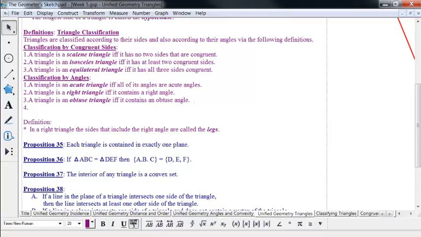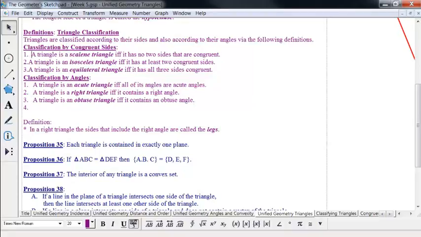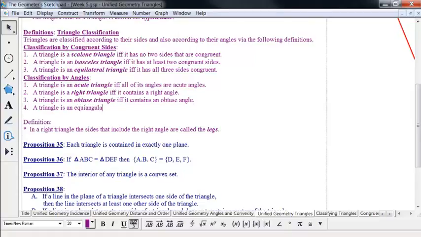And four, a triangle is an equiangular triangle if and only if all three of its interior angles are congruent to each other. Okay, and of course by these angles I mean interior angles. Let's make that explicit.